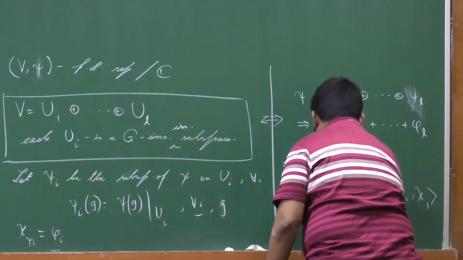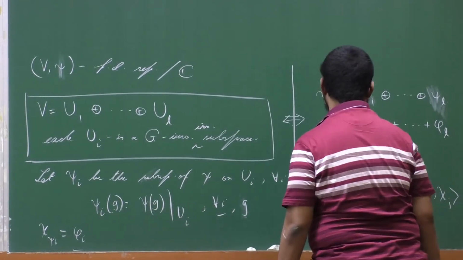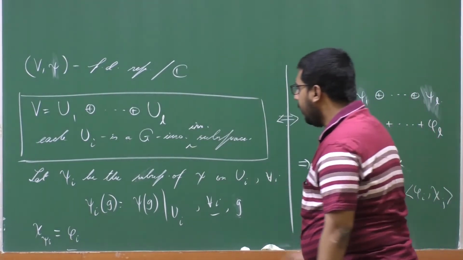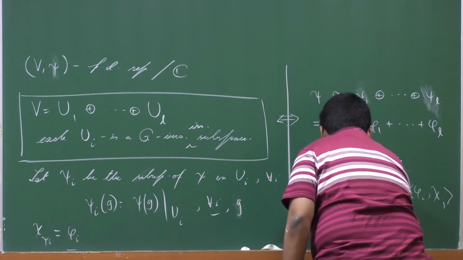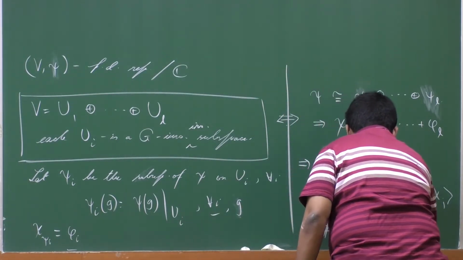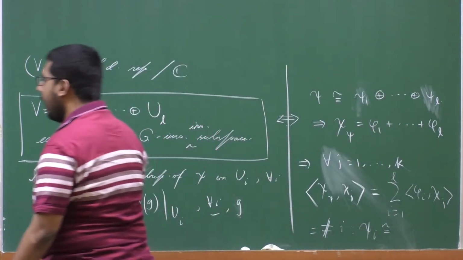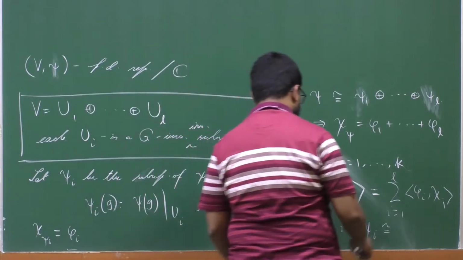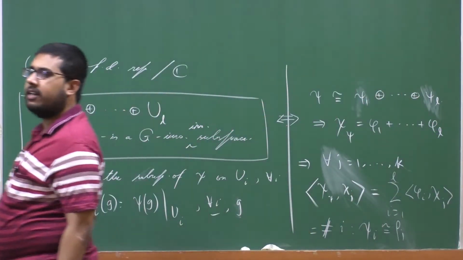So the right hand side precisely denotes the number of i such that psi i is isomorphic to rho j. Okay.